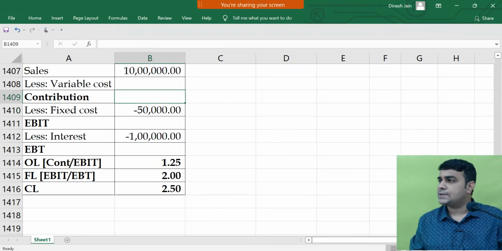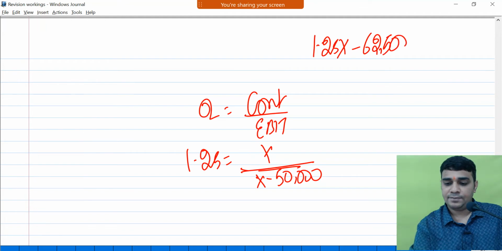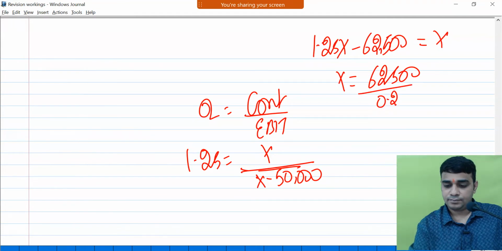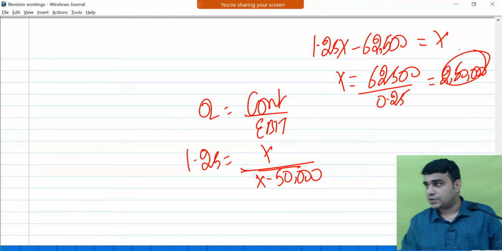This will give me the answer to contribution. So, 1.25X minus 62,500 is equal to X. X finally will be 2,50,000, which is your contribution.